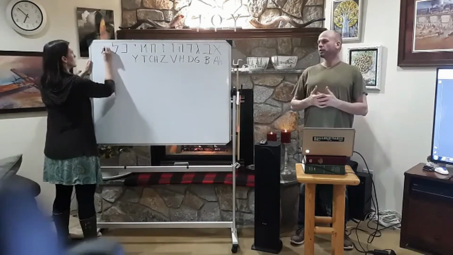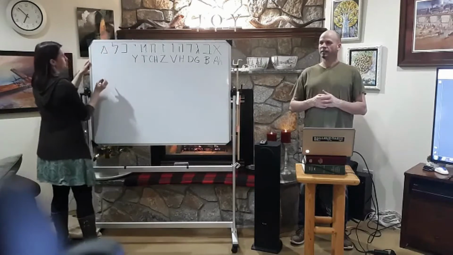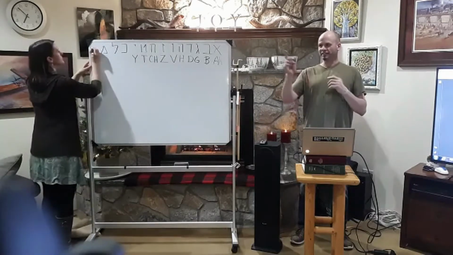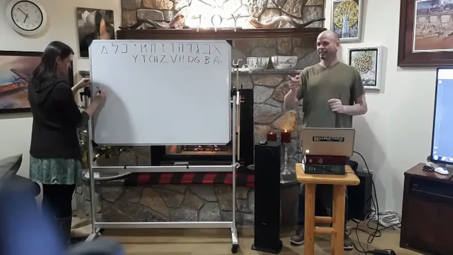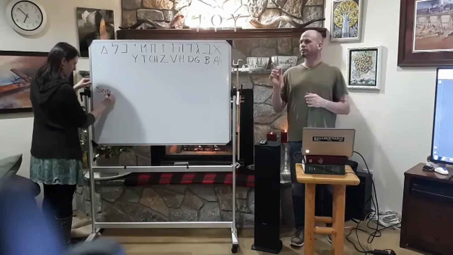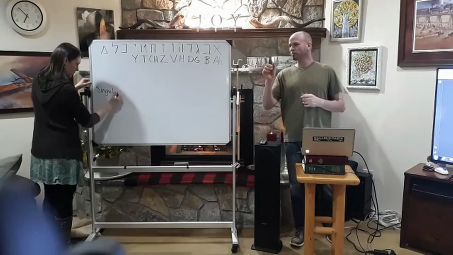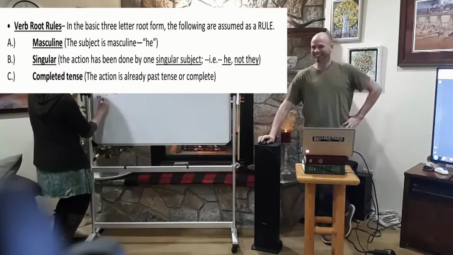What are three things we know about a root word in Hebrew? Singular. Okay, I got singular. Masculine. Verb. Past tense. It's a verb, usually, and it's past tense. One person per answer. Past tense. All right. Thank you.